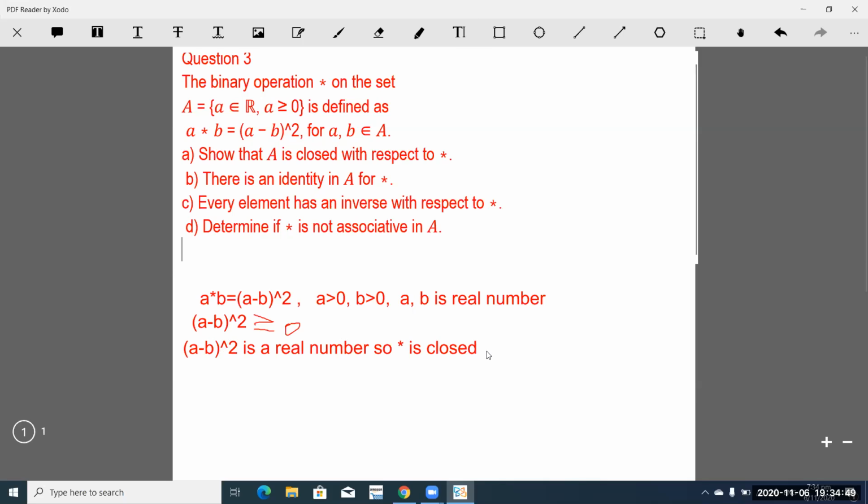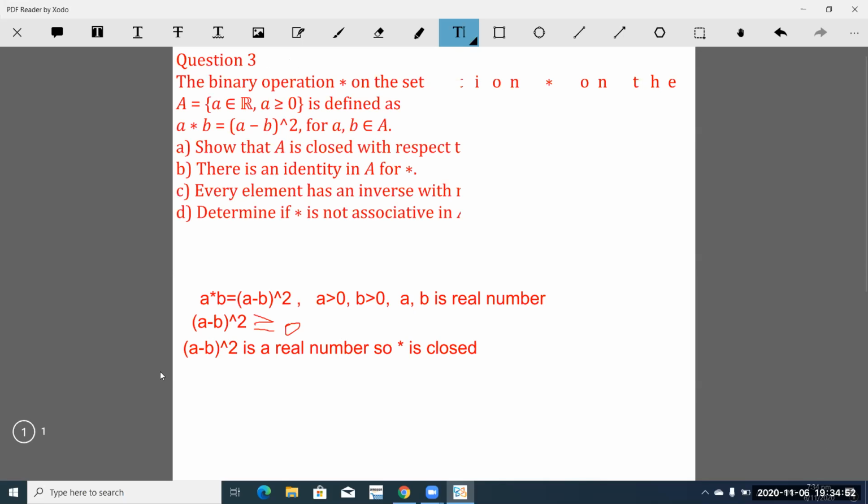Now, how are we going to find the identity? It says find the identity. What's the equation we solve for identity? A star E is equal to A. We solve A star E equal to A to get the identity.